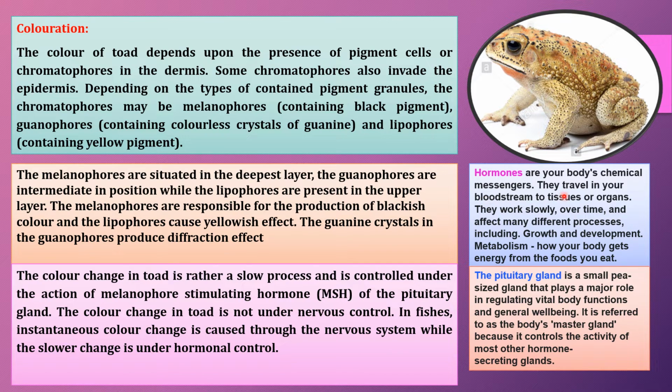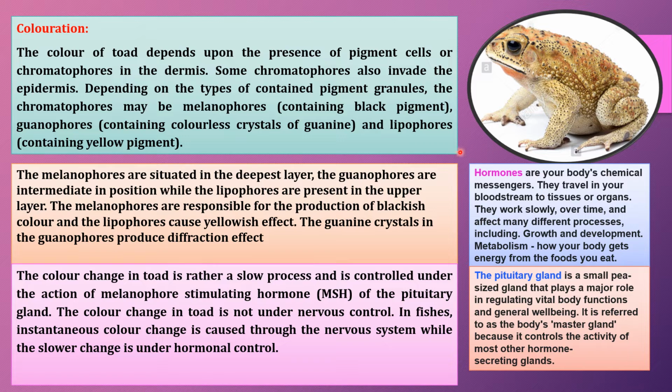Messengers means the carrier of messages, like the WhatsApp you use, na? Like WhatsApp messenger. So it's like a chemical messenger. That means chemically it carries the messages from one place to another place in our body or in the toad's body. The word chemical is used because this hormone does its functions by producing chemical compounds.